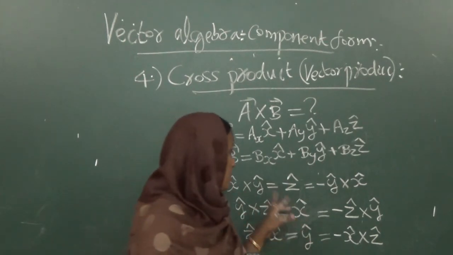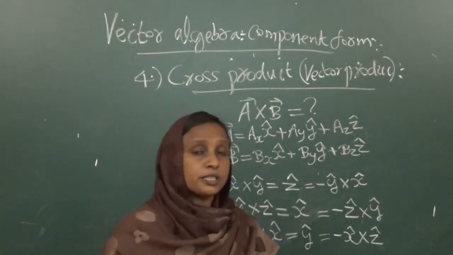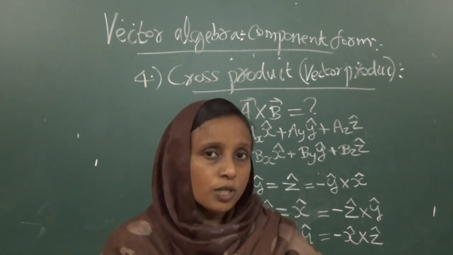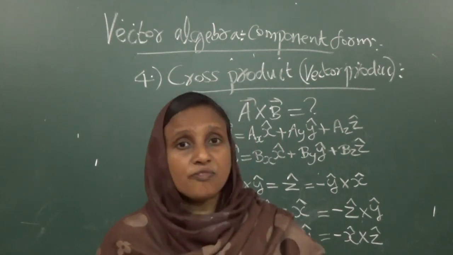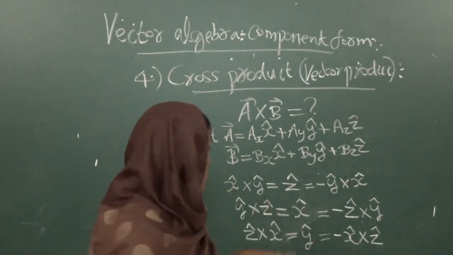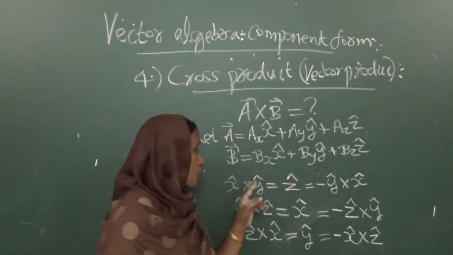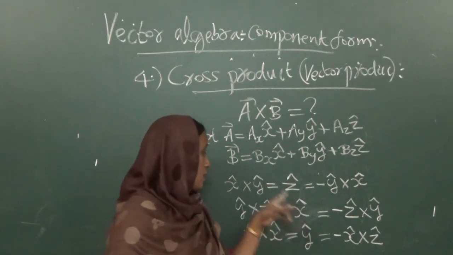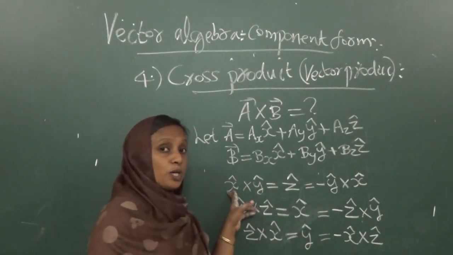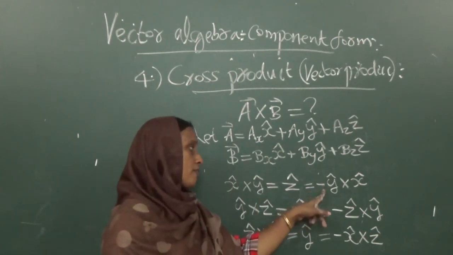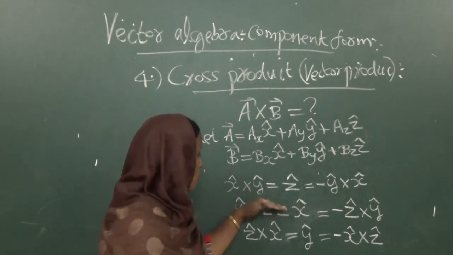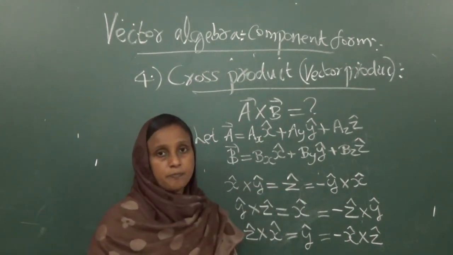We already know that this cross product is not commutative. X cross y is not equal to y cross x. That is a different vector. So here we have x cap cross y cap equal to z cap. But y cap cross x cap equal to minus z cap. That's why we put the negative sign. Okay? This rule holds for all these things.